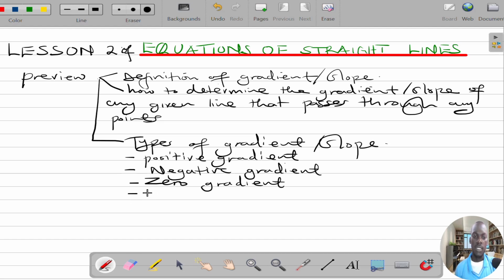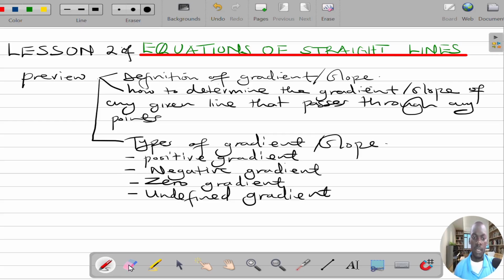We also had the undefined gradient, where the line is perpendicular or vertical, or we can say the line is parallel to the y-axis. That means if you find a line which is parallel to the y-axis, just know that line has an undefined gradient.